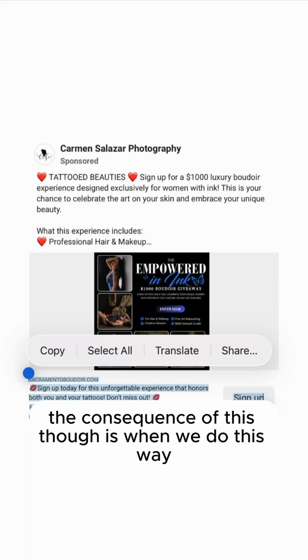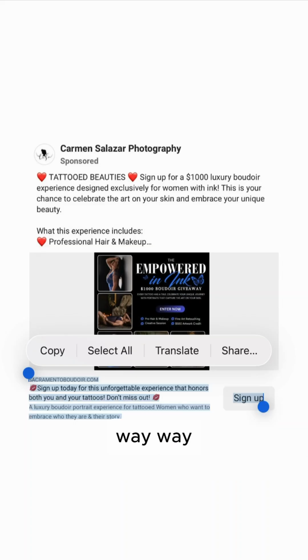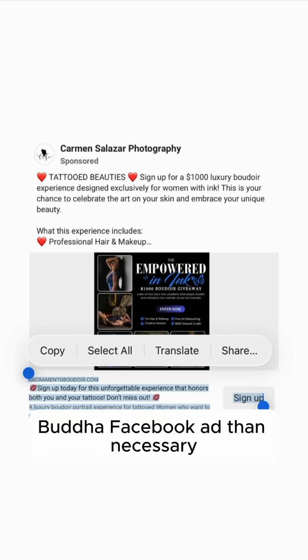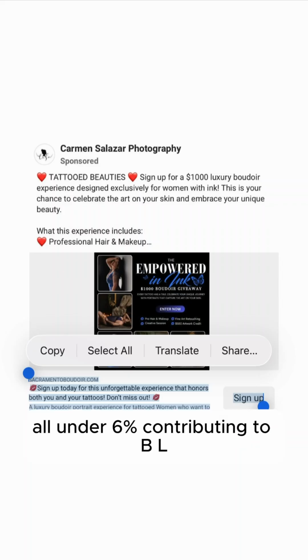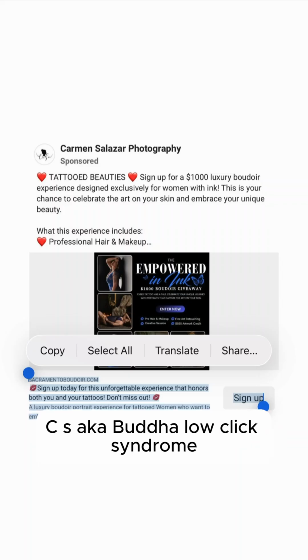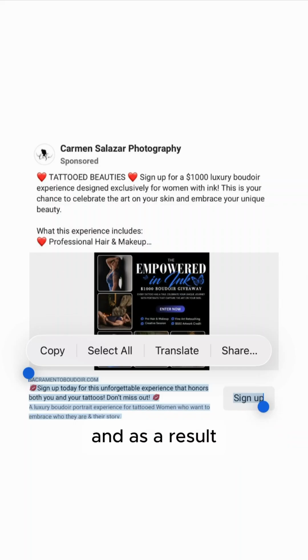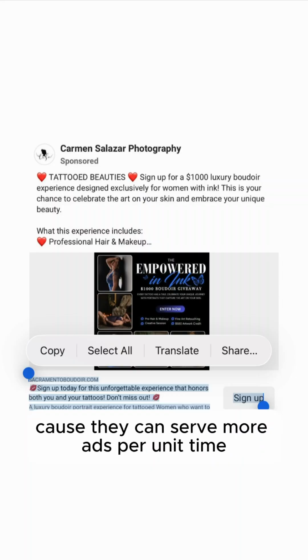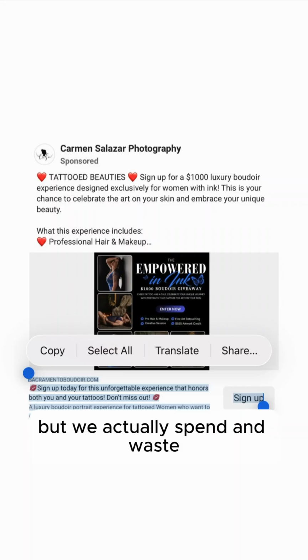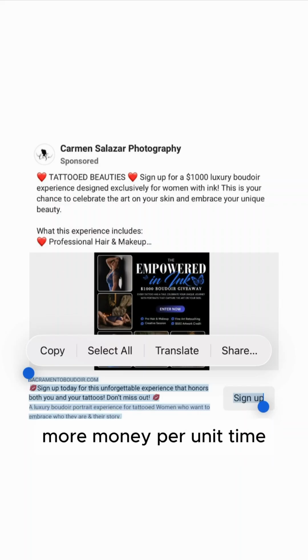The consequence of this, though, is when we do this, way more women scroll by our Boudoir Facebook ad than necessary, pulling our unique CTR under 6%, contributing to BLCS, aka Boudoir low-click syndrome. And as a result, more women scrolling by our ad per unit time. Facebook actually makes more money because they can serve more ads per unit time, but we actually spend and waste more money per unit time.